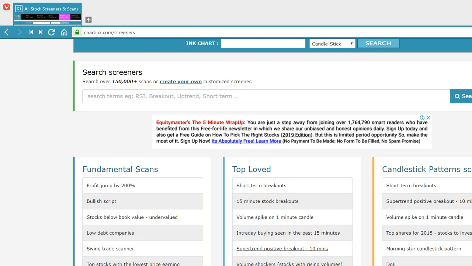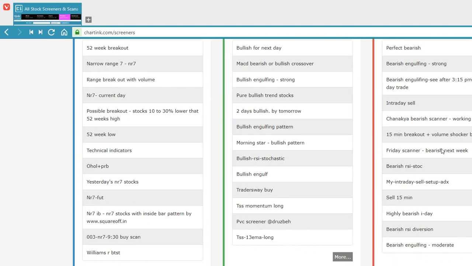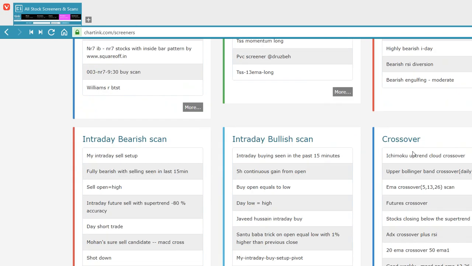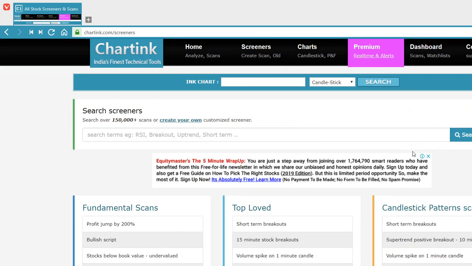The screener, as I told you, is one of the best screeners which I have noticed till now, and along with the Money Robo Pro app, that app also provides very good information, very similar to this one, and it also filters the stocks in real time.